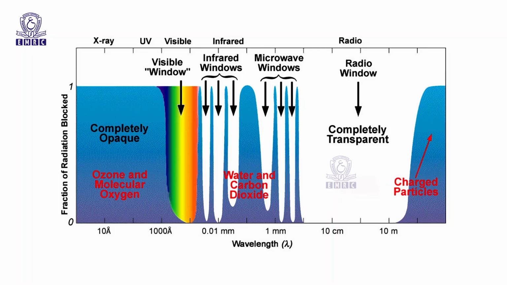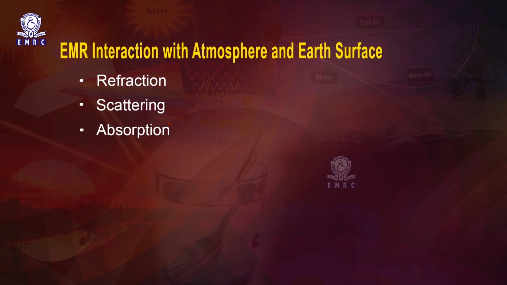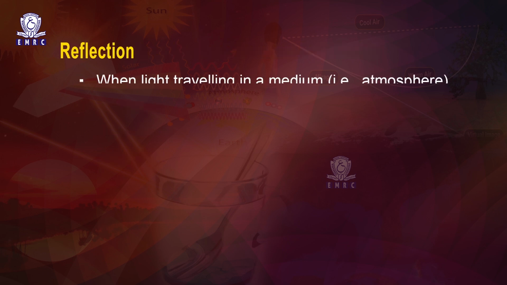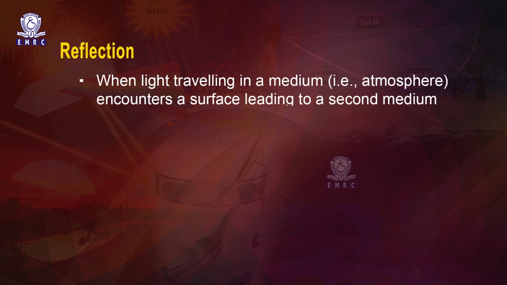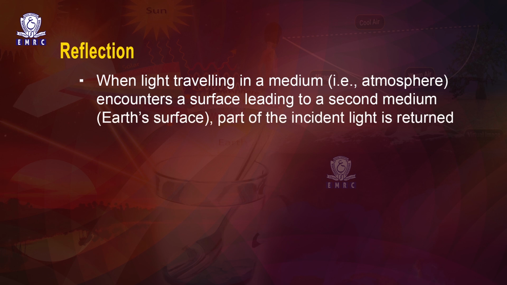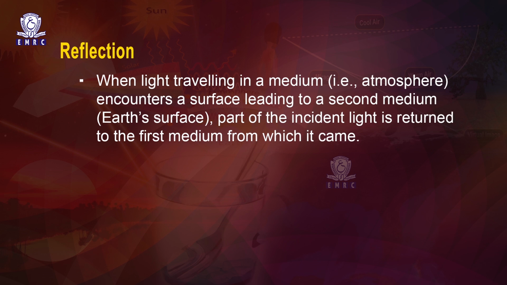Even in the atmospheric window region, scattering by the atmospheric constituents produces spatial redistribution of energy. Reflection. When light travelling in a medium, that is the atmosphere, encounters a surface leading to a second medium, that is another earth surface, part of the incident light is returned to the first medium from which it came. This phenomenon is called reflection.